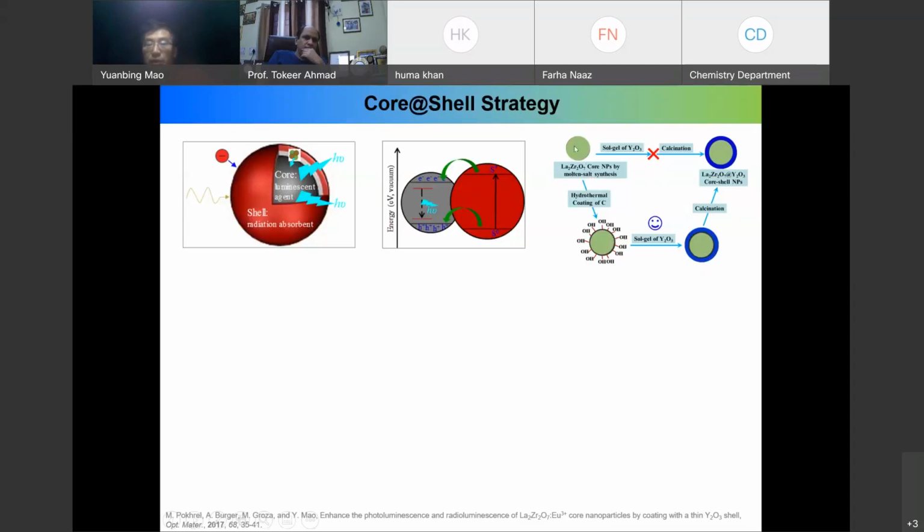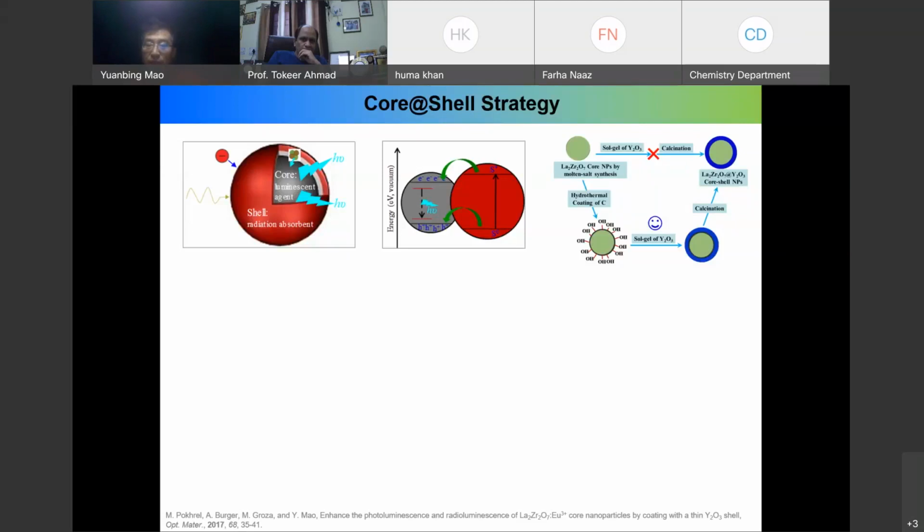So we thought, first we need to surface functionalize the core material, right? And at the same time we want to make this simple. We don't want to use those bulky organic compounds, right? So the one thing we did is, we used a hydrothermal process to coat it with carbonaceous materials.